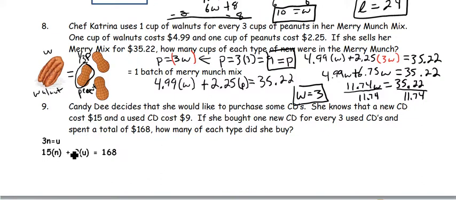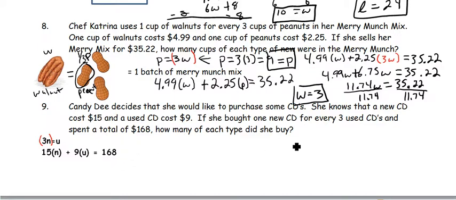Alright, we're going to do the new and used CDs. You notice I've already got our equations here, and this works out the same way as the peanuts. So U is the same as 3N.